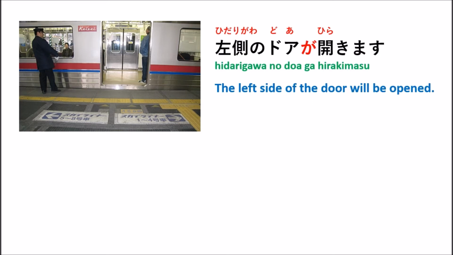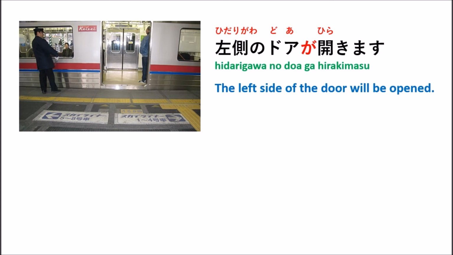And in Japanese, you may want to say the left side of the door and the right side of the door. As you know, in the train they have two sides of the door, the left side door and the right side door.